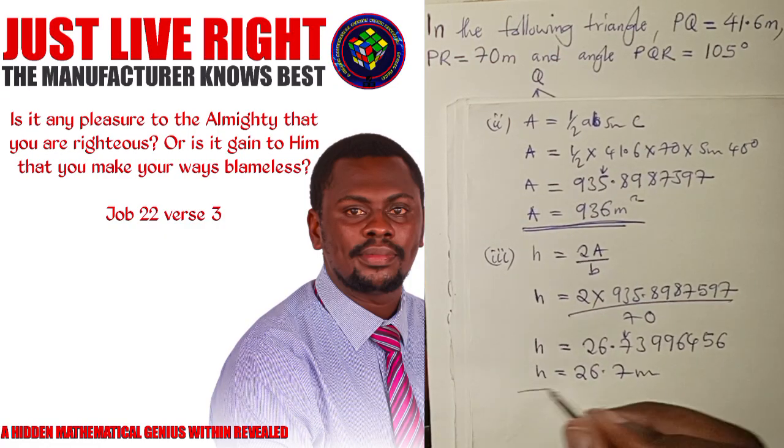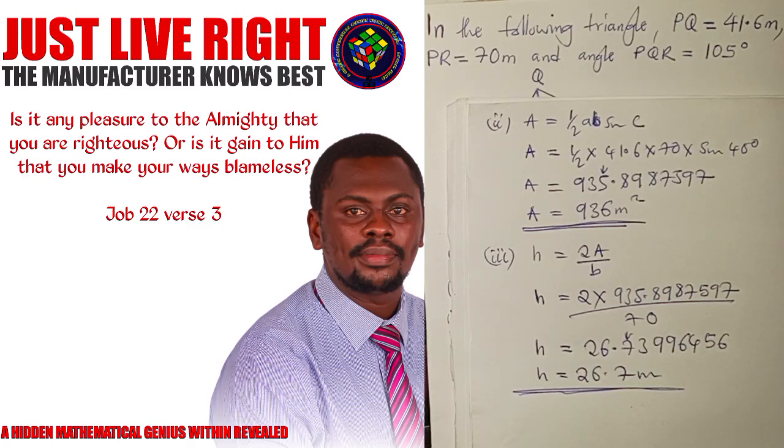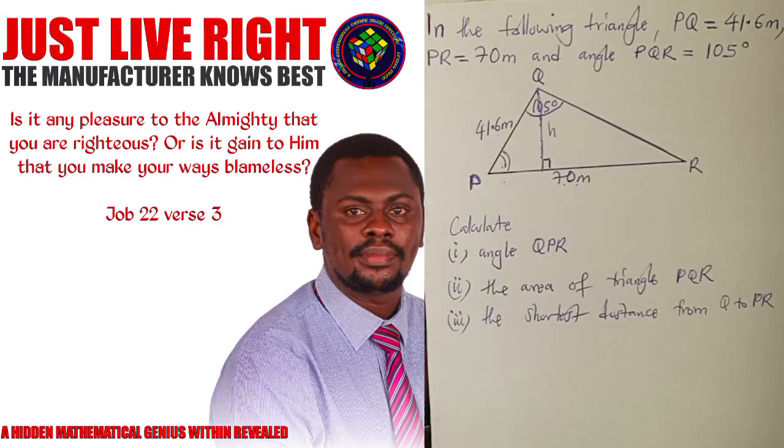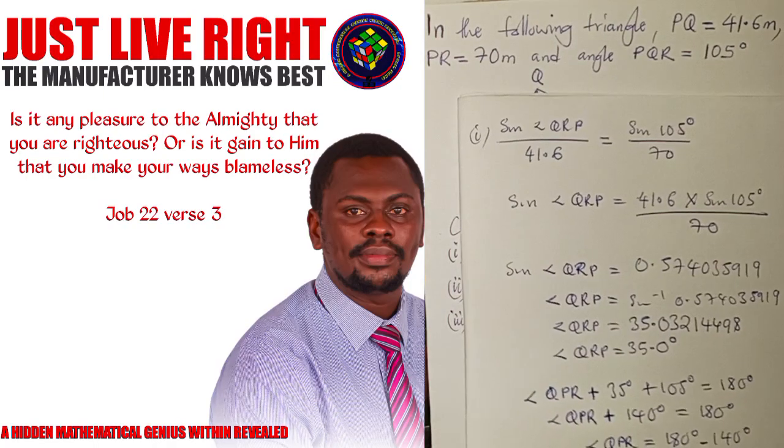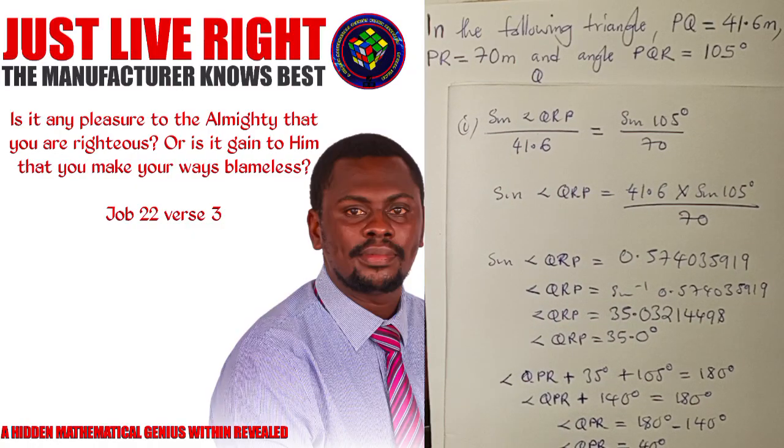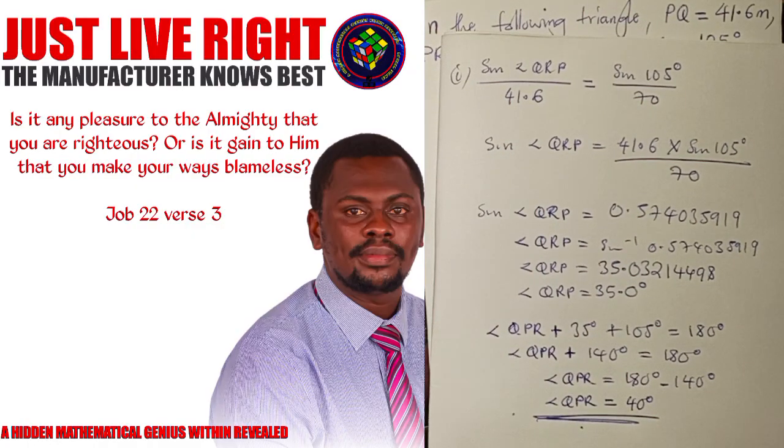So the shortest distance from Q to PR is 26.7 meters. So this is how you perform calculations to do with trigonometry, particularly the sine rule. Thank you so much for your time.